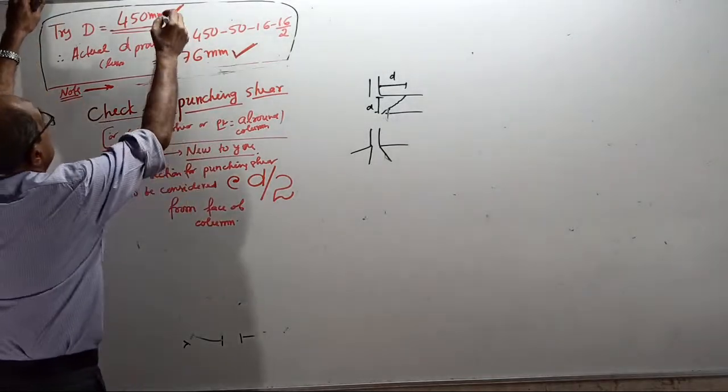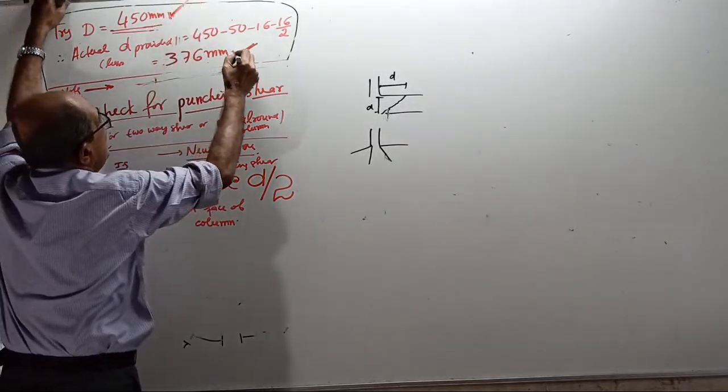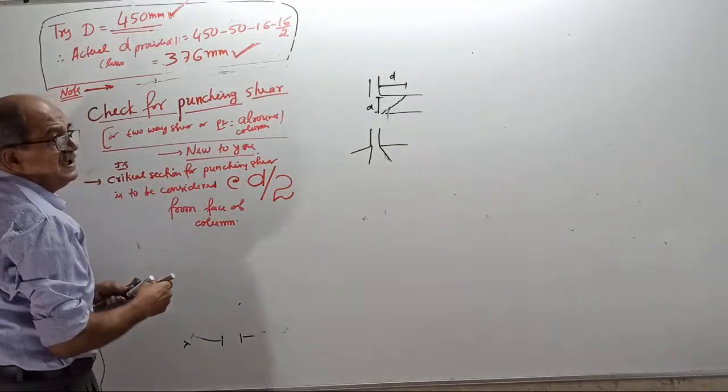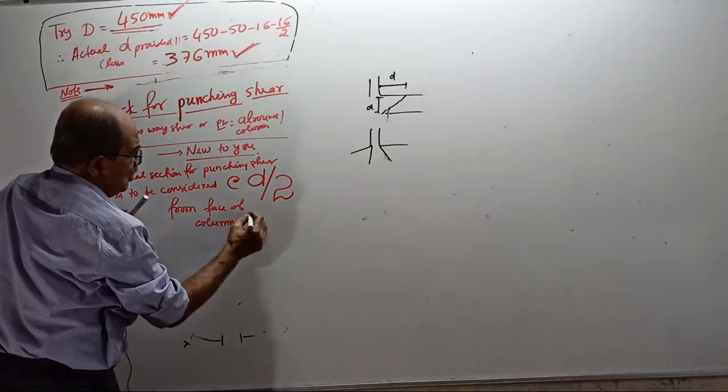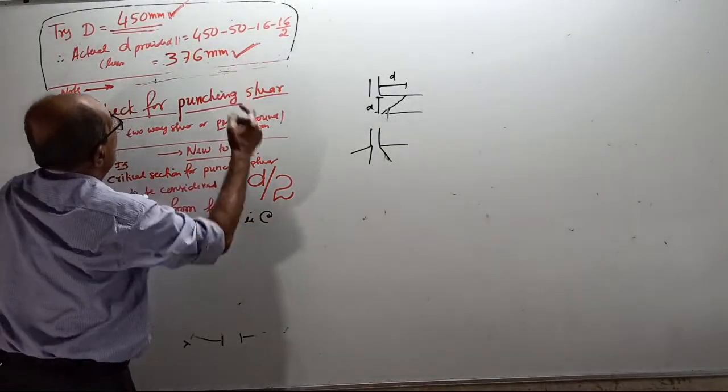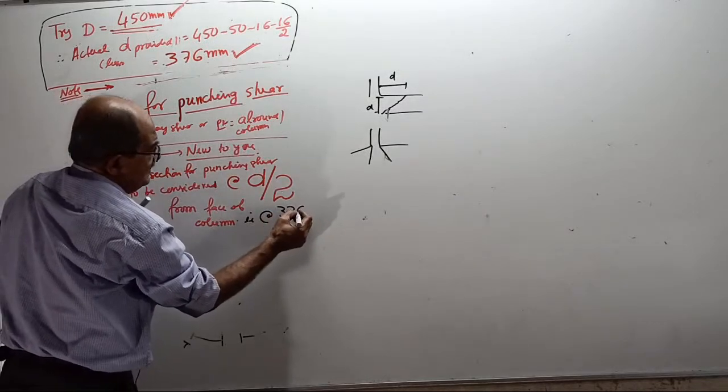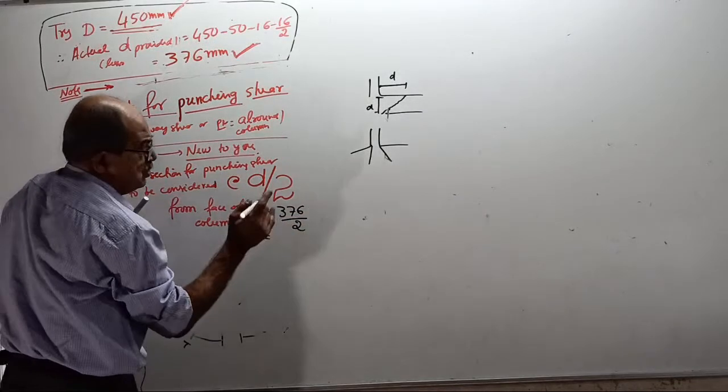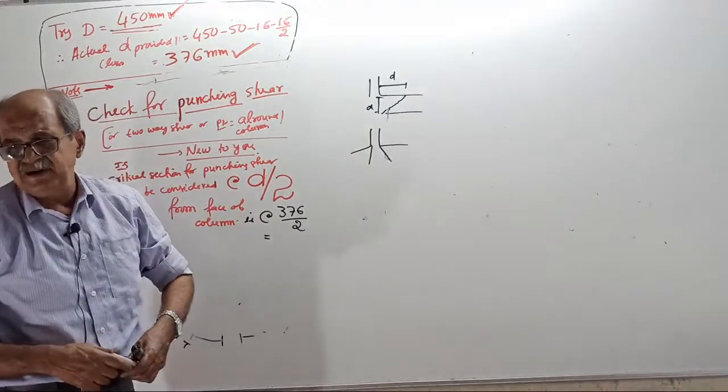Our D is 450, our d is 376, right? So d by 2 is 376 by 2 equal to? How much? Fast, give the answer.